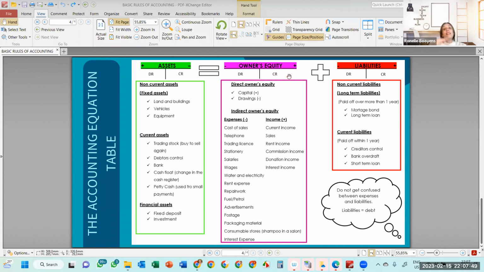Anything that will make the owner's equity more or increase within this business will be recorded on the credit side of that specific account. All right, now what can you see here already? Assets, debit plus, credit minus. Because this is on the other side of the equation sign, the rule is opposite. Owner's equity, debit minus, credit plus.